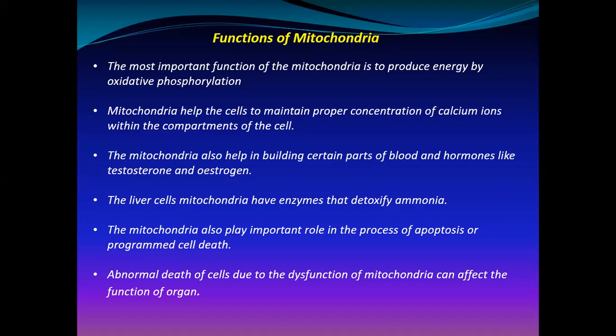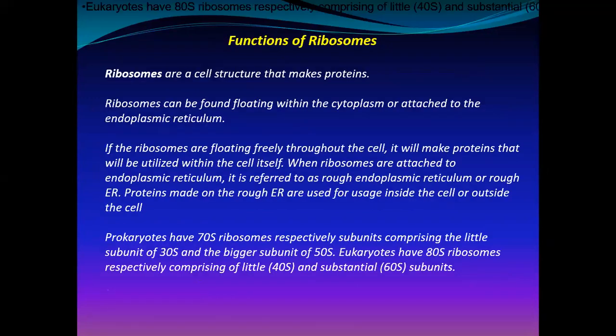The functions of the mitochondria: producing energy by oxidative phosphorylation; helping the cells maintain proper calcium ion concentration; helping build certain parts of blood and hormones like testosterone and estrogen; detoxifying ammonia in liver cells; and playing an important role in apoptosis, where abnormal cell death due to mitochondrial dysfunction can affect the function of the organ.